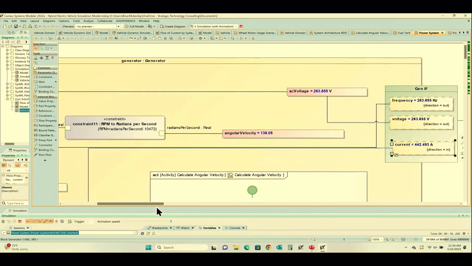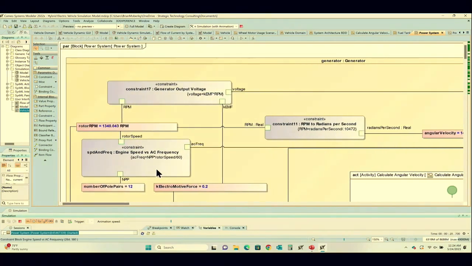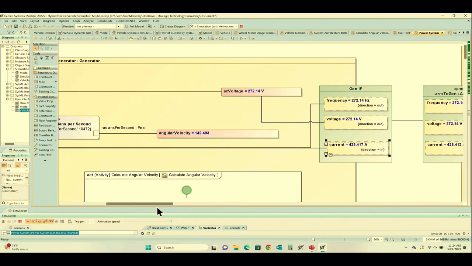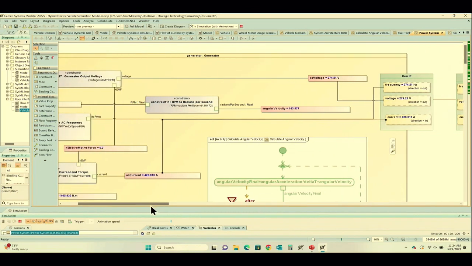So notice the current comes in and then is ingested into one of these equations. Where's that going? There it is.